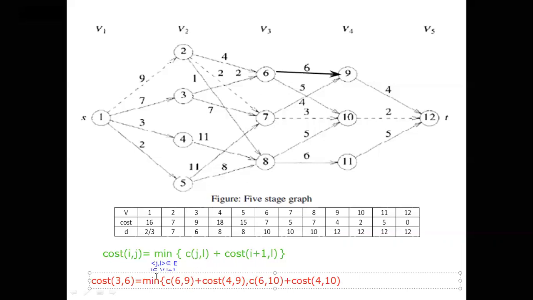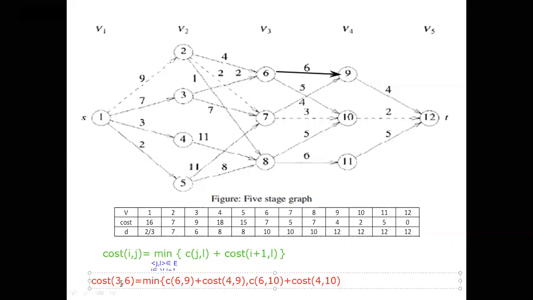j is this j, here it is 6. l is any other vertex. Both together form the edge. That is why 6, 9 plus cost of i plus 1. What is i? i is the stage. Here it's the next stage.